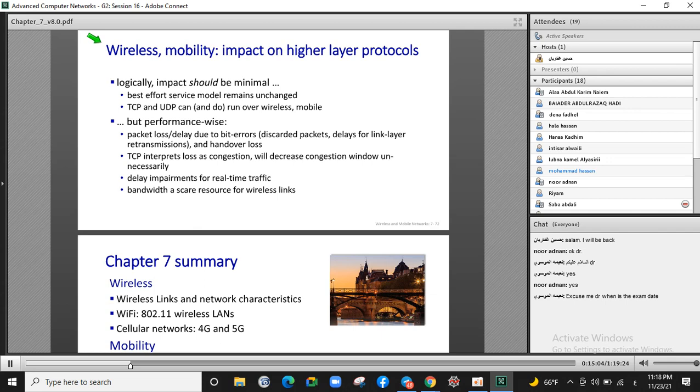Maybe this reduction in the size of the congestion window is not necessary. It's unnecessary, maybe. But during this change, moving from one network to another one, it happens.